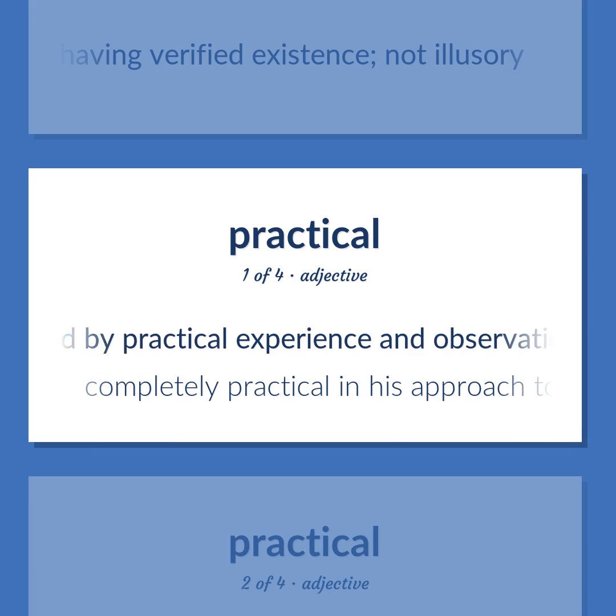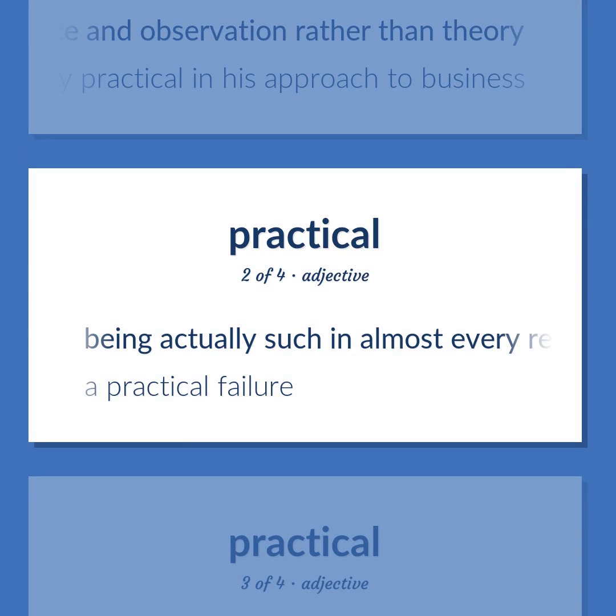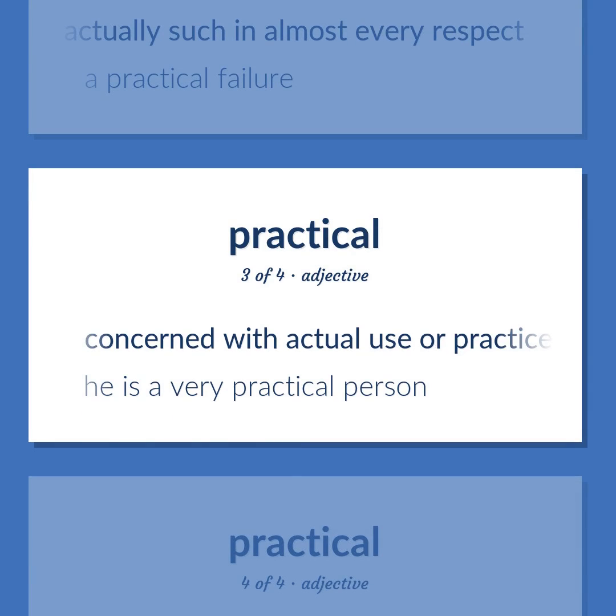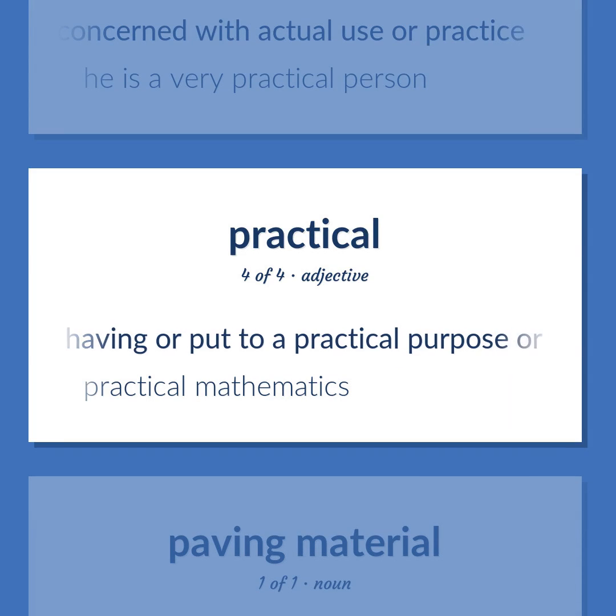Practical: guided by practical experience and observation rather than theory. Completely practical in his approach to business. Being actually such in almost every respect. A practical failure. Concerned with actual use or practice. He is a very practical person. Having or put to a practical purpose or use. Practical mathematics.